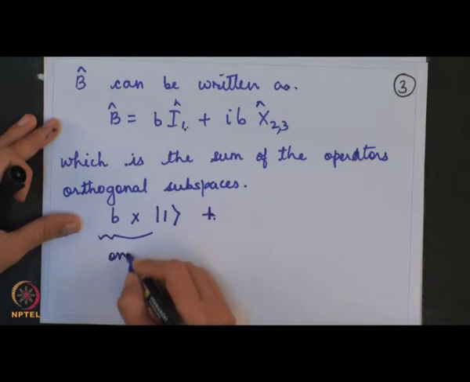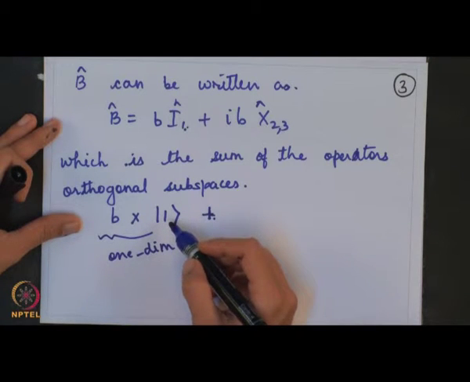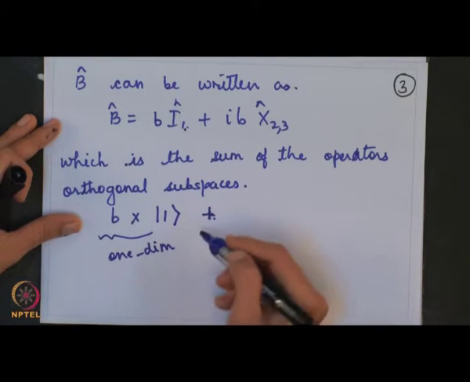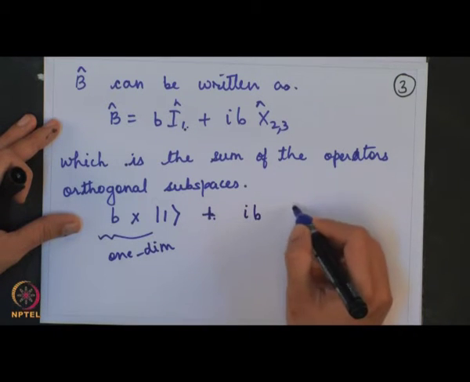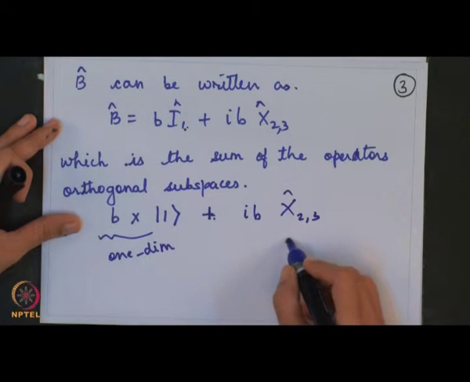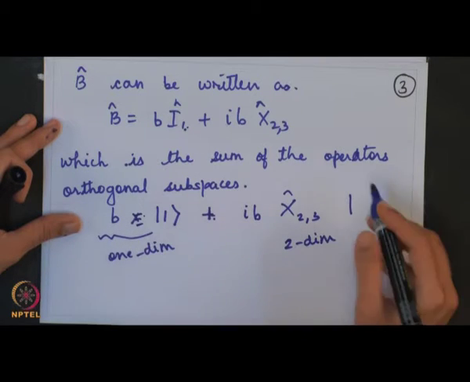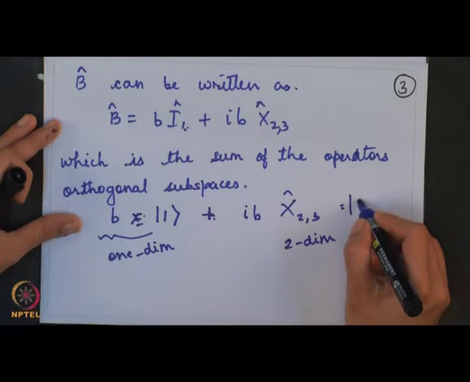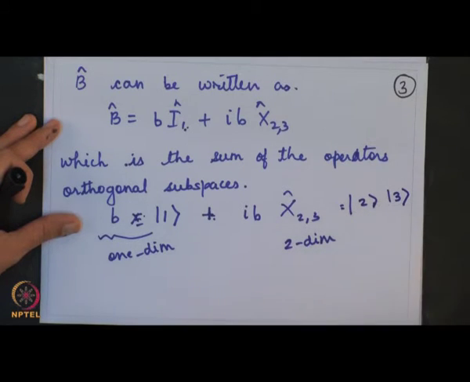This will give me a one dimensional subspace, which is spanned by the eigenket 1, and a 2 dimensional subspace, which is spanned by kets 2 and 3.